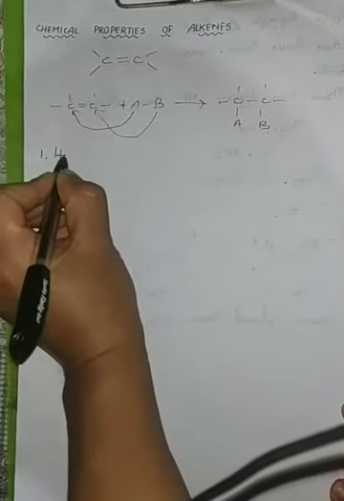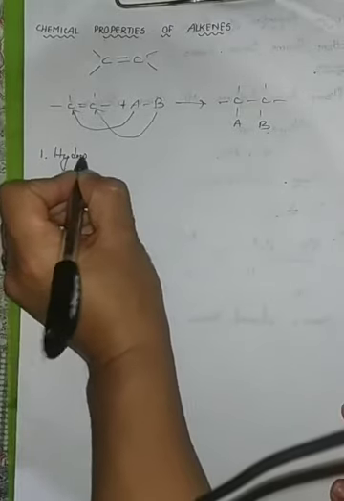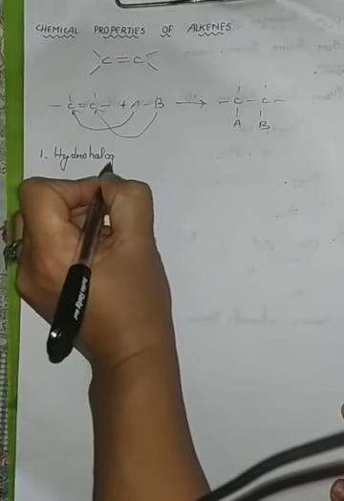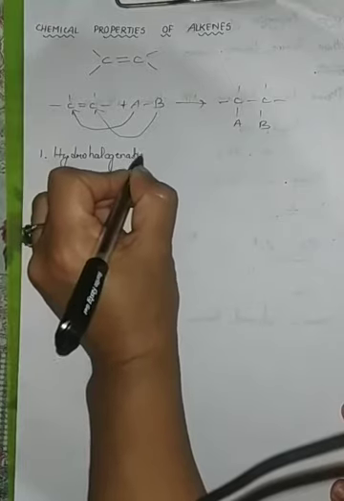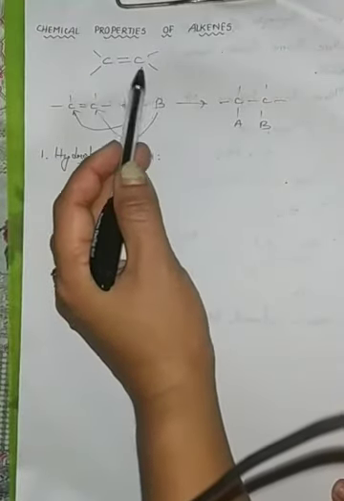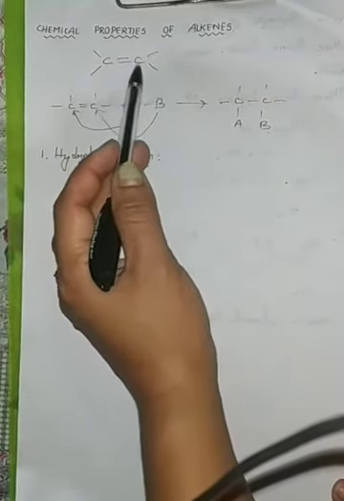The first one is the halogenation reaction. Now, what is a halogenation reaction? Halogenation reaction means the addition of hydrogen halide across the carbon-to-carbon double bond of the alkene.